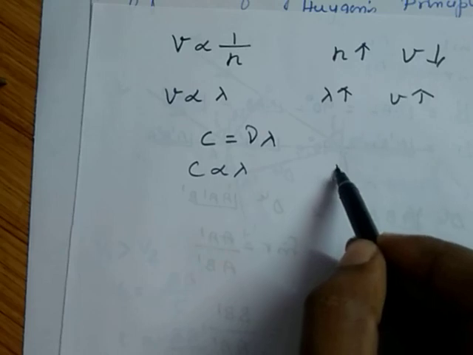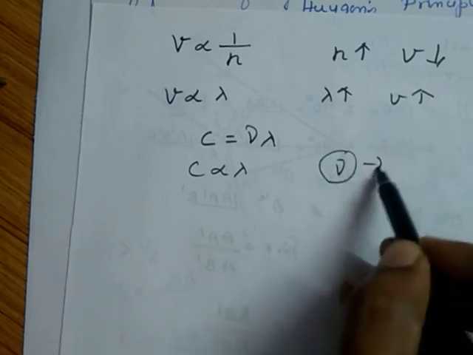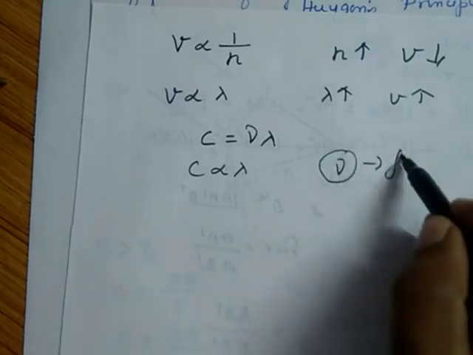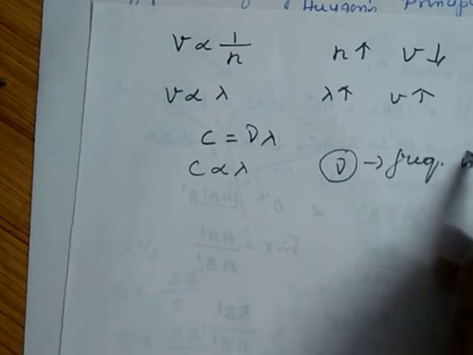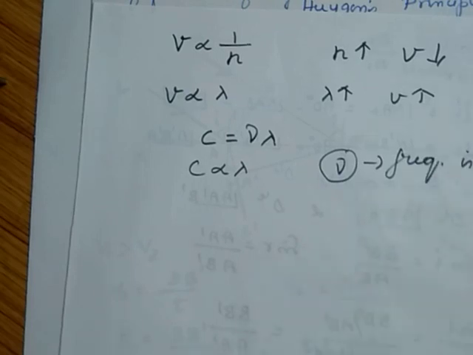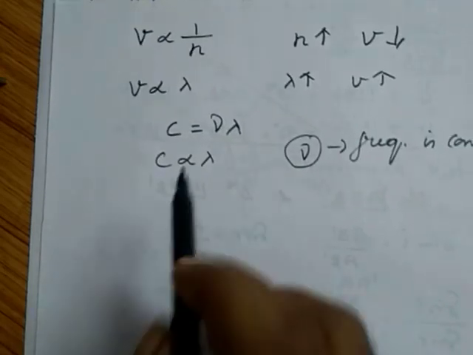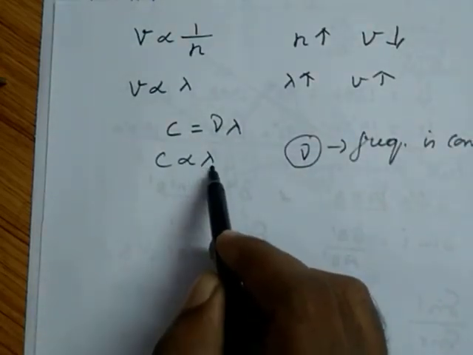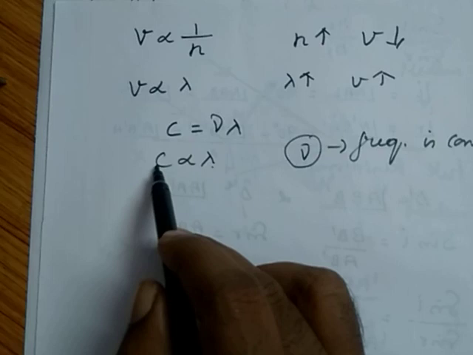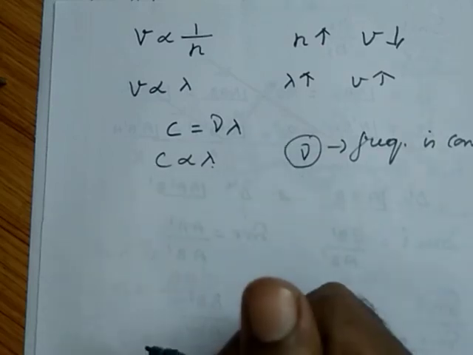That means in all media the frequency of the light is constant. The only change is the wavelength, so the velocity of light is changing in each medium.